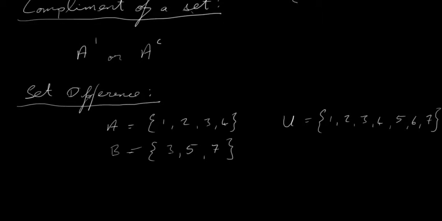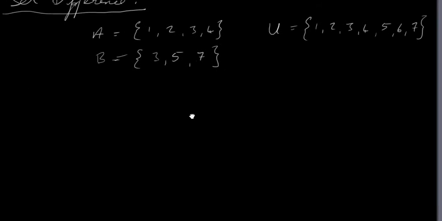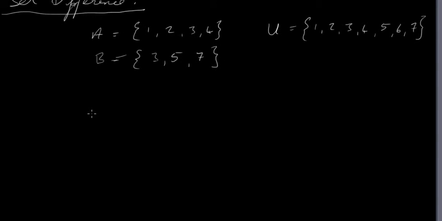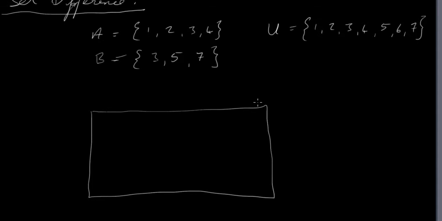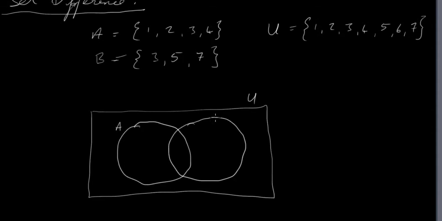Okay, so to represent that again using our Venn diagram, we would draw a big rectangle like this. This is our universal set. We would draw A, we would draw B. This is A, this is B. What's common to A and B? There's a 3 here and a 3 here, so we put that in the middle.